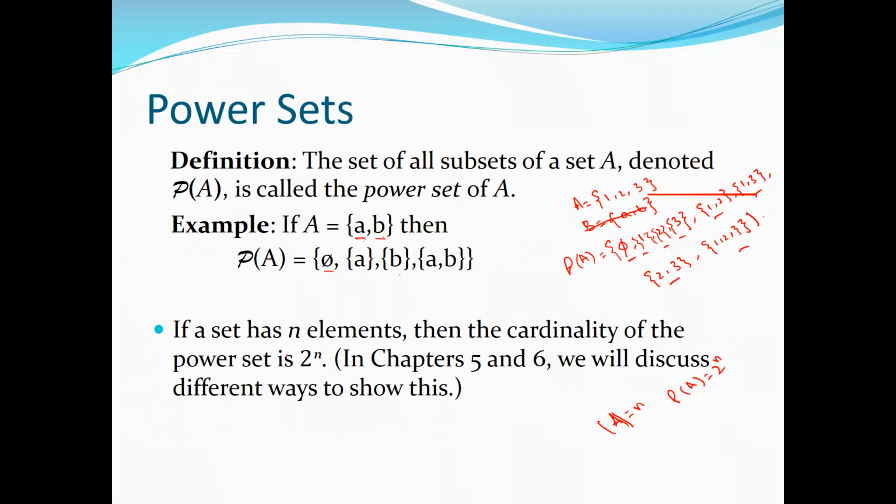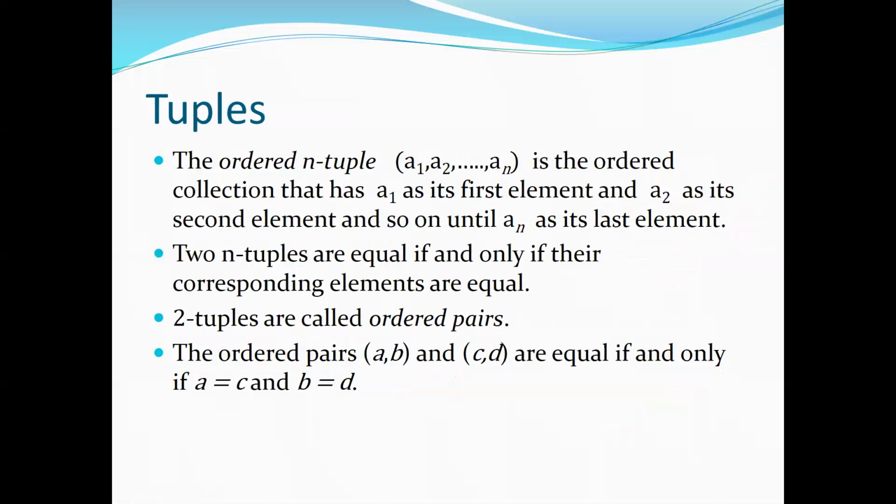That's what it says here, and we will definitely be discussing this in more detail in upcoming chapters. We'll see how to compute the power set in the coming few minutes.